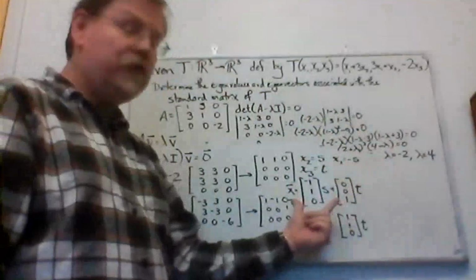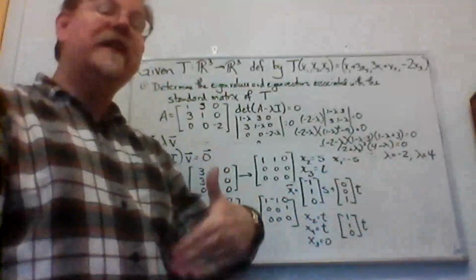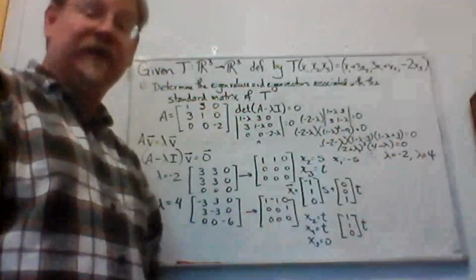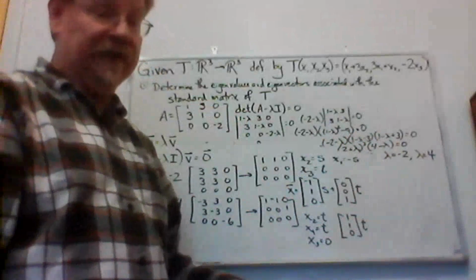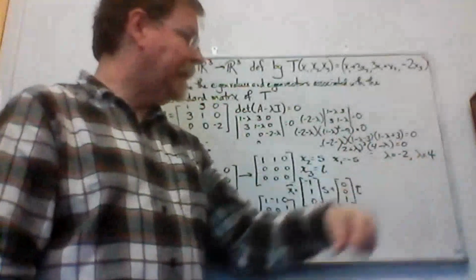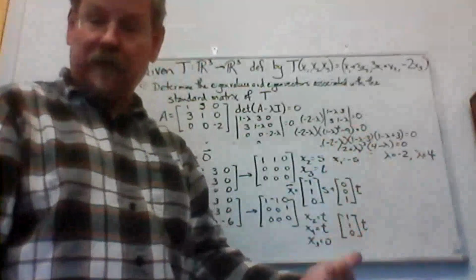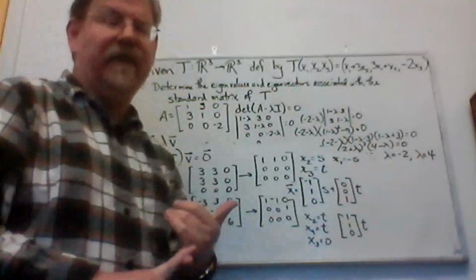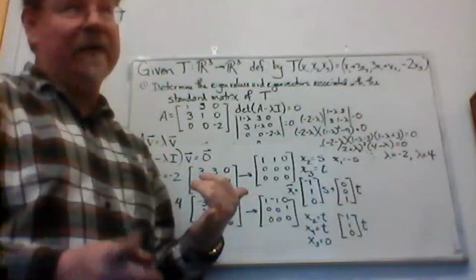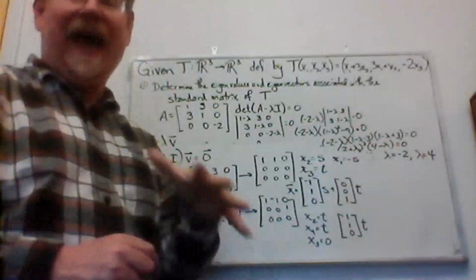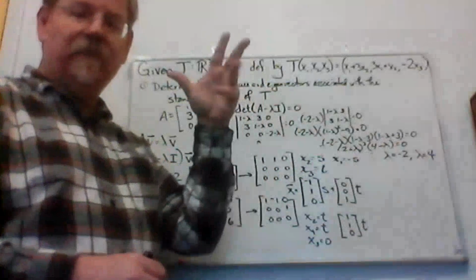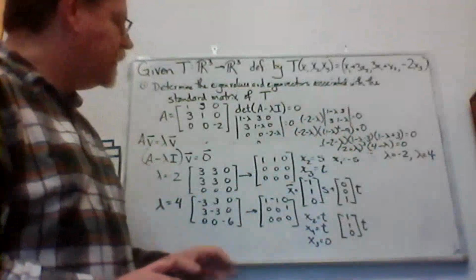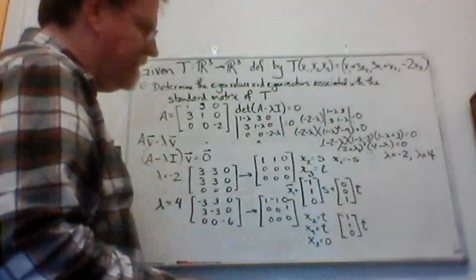When it produces two eigenvectors, we say it has a geometric multiplicity of 2. So this one had an algebraic multiplicity of 2, and also a geometric multiplicity of 2. Lambda equals 4 had an algebraic multiplicity of 1, and also a geometric multiplicity of 1. Whenever you have an eigenvalue with algebraic multiplicity of 1, the geometric multiplicity has to be 1. But beyond that, it can be any positive integer up to the algebraic multiplicity. All right, so we've got our set of eigenvectors here.